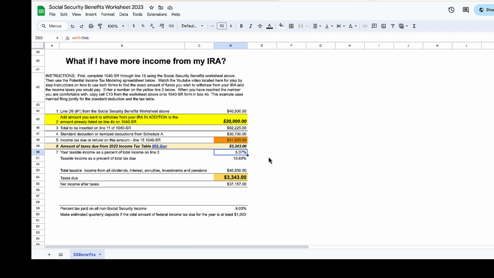Maybe you're comfortable with 22% because it's lower than the next highest rate. But if you can handle that 12% at around $49,000 or so a year, which by the way will go up each year, then you can start to withdraw those funds out year after year after year at the lowest possible tax rate for you.